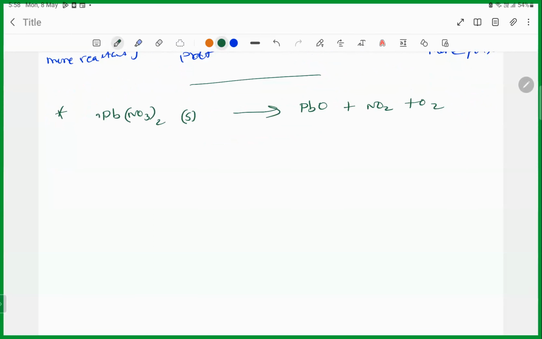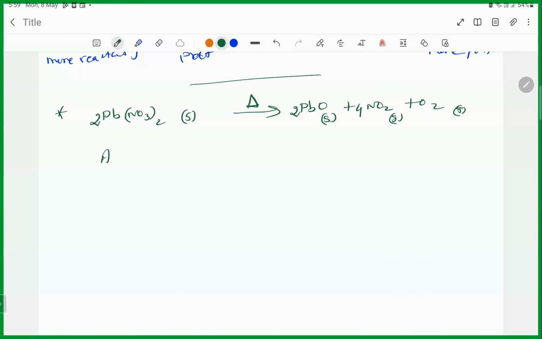When you take twice the molecule, it gives lead oxide, nitrogen dioxide gas and oxygen gas. This reaction happens only when you are heating.